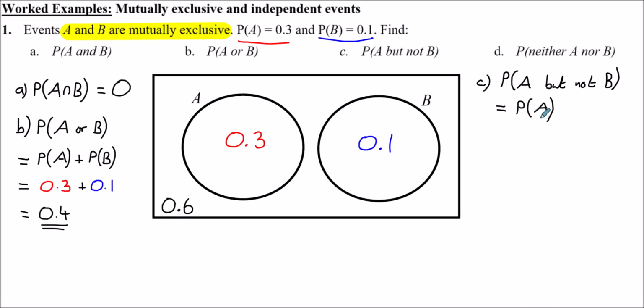A can't happen with B. So by saying but not B, that's just really obvious. It can't be B anyway, because there's no overlap. So the probability of A but not B is the same as just the probability of A itself, which is just 0.3. And finally, D, the probability of neither A nor B is this 0.6.